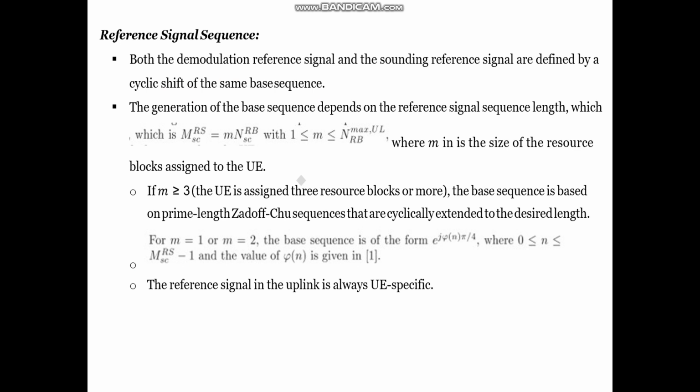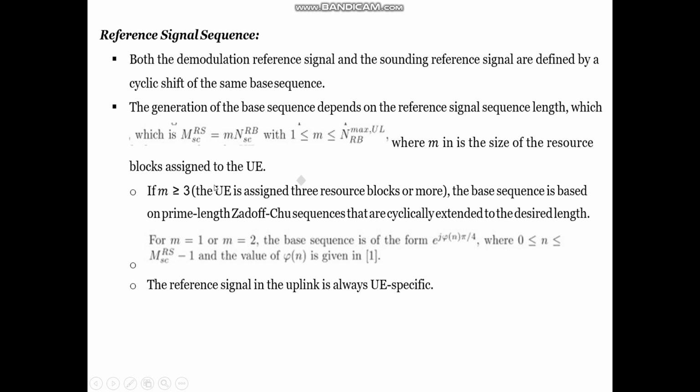The generation of the base sequence depends on the reference signal sequence length M_sc^RS, which is equal to m times the number of subcarriers per resource block, and this m varies from 1 to the maximum number of uplink resource blocks allocated. As you can see, m is the size of the resource blocks assigned to the user equipment.